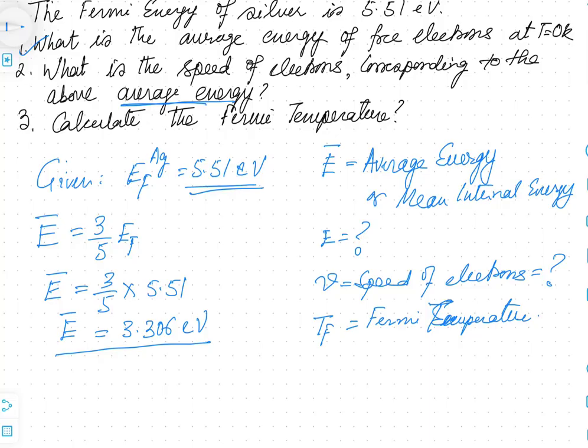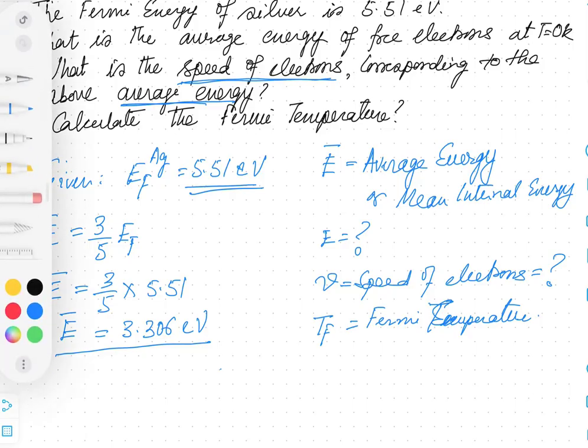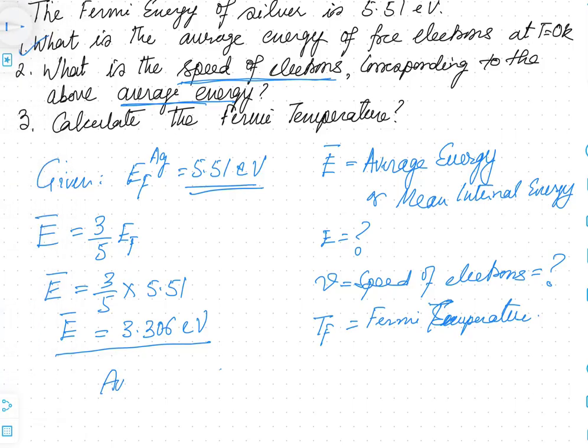When we are asked to calculate the speed of electrons, the energy that is related with speed of electron is the kinetic energy. So the average energy is basically getting converted to kinetic energy.